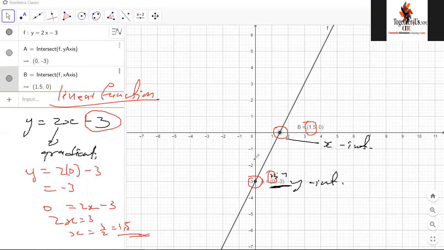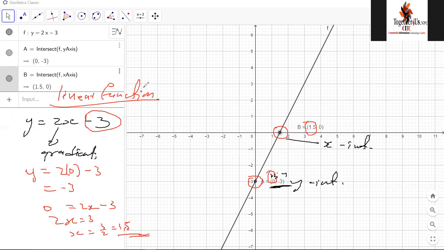But as a matter of fact, for you in grade 10, you are always going to have x and y intercepts because we are introducing you. So you are guaranteed you are always going to have to look for the x-intercept and the y-intercept, all right?